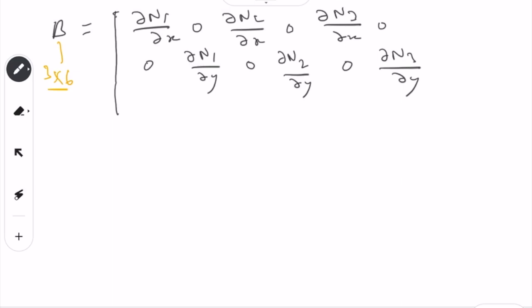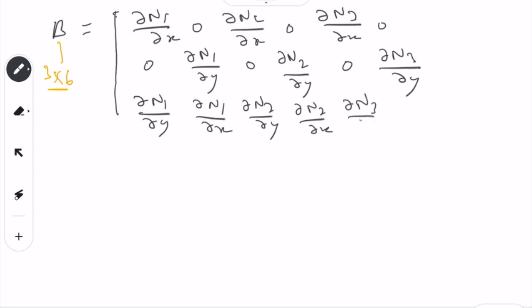Then we will have del n1 over del y, del n1 over del x, del n2 over del y, del n2 over del x, del n3 over del y, del n3 over del x.